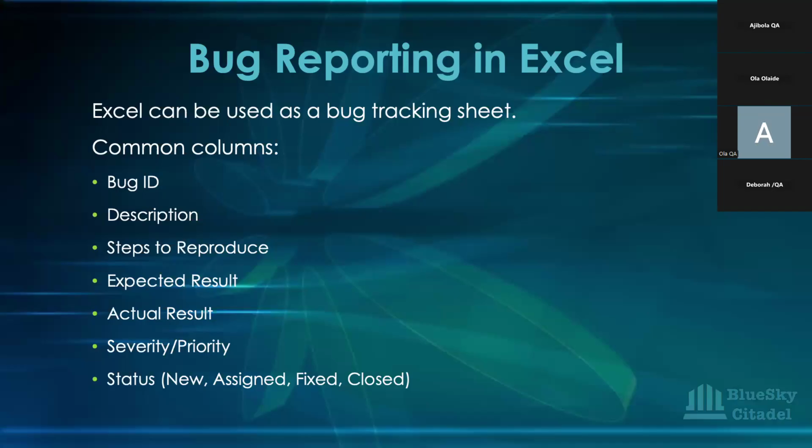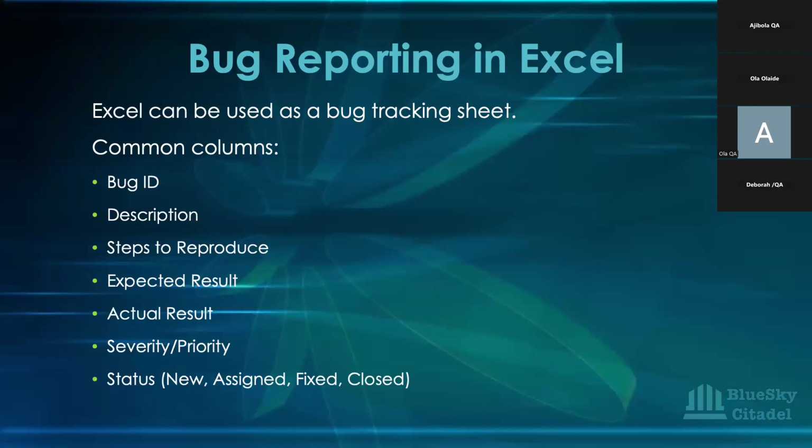Then the status, so we can have new, assigned, fixed, or closed. When it is new, it means we just raised that bug. Next, when it is assigned, it means we've given someone, maybe the developer, to be in charge of that bug.